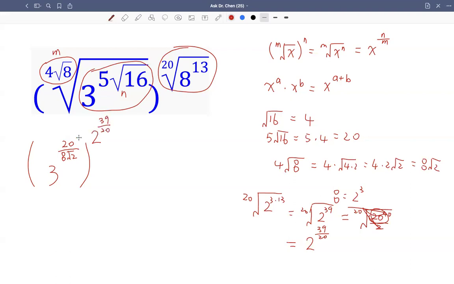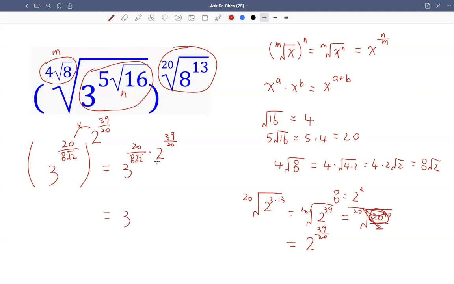So 2 layers of exponent, we multiply them. So that becomes 3 raised by 20 over the square root of 2, which we could simplify, but maybe we'll simplify in the end. Multiply by 2 raised by 39 over 20.